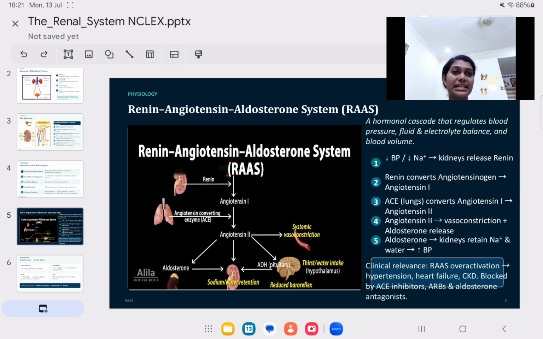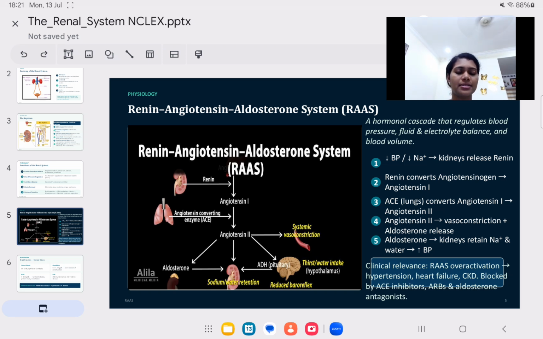by giving ACE inhibitors, angiotensin converting enzyme inhibitors. So angiotensin 1 is not converted into angiotensin 2. We are inhibiting, or blocking, the enzyme. So the BP will be decreased, or the sodium level will be decreased.